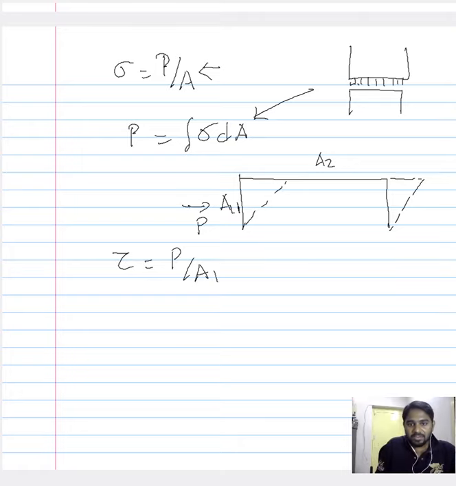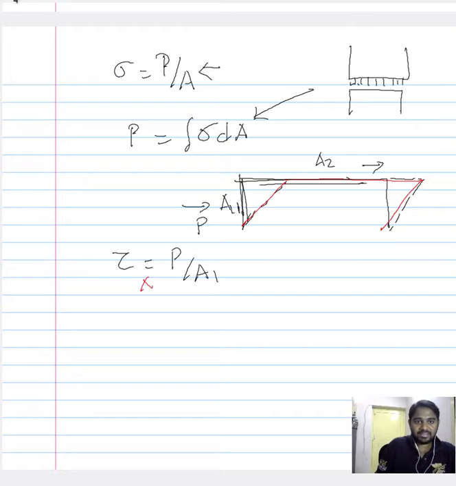Now when you impose a load in this direction and the material slides in this direction, is this area creating the resistance, or is this area creating the resistance? You have to think about that. When I impose a load in this direction, and my material, instead of shrinking, deforms in this direction, you have to think which is the area that is giving me the resistance, and you have to include that area. So if you go by that definition, then this is rather inaccurate.